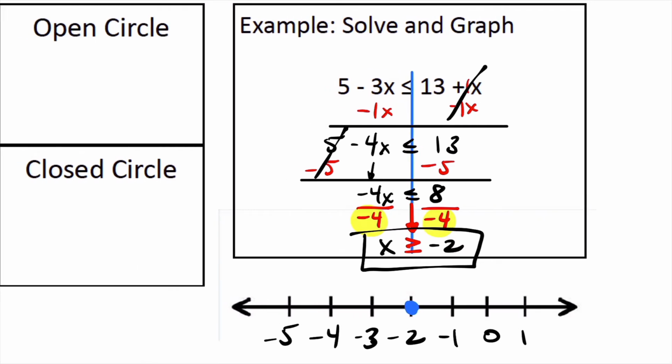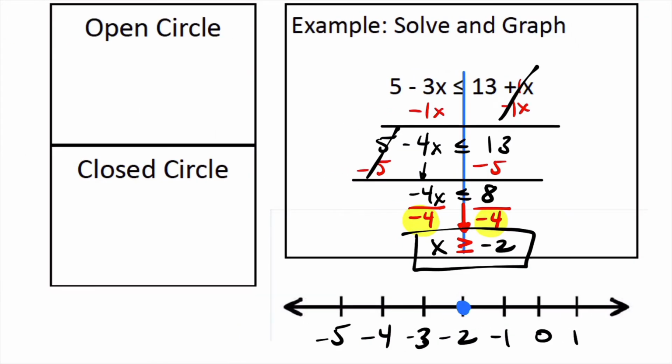So in the front, you have 2 symbols that have equal to. One of them looks like this. The other looks like this, right? Those are both going to be closed. If it's not equal to, they're what we call open circles.